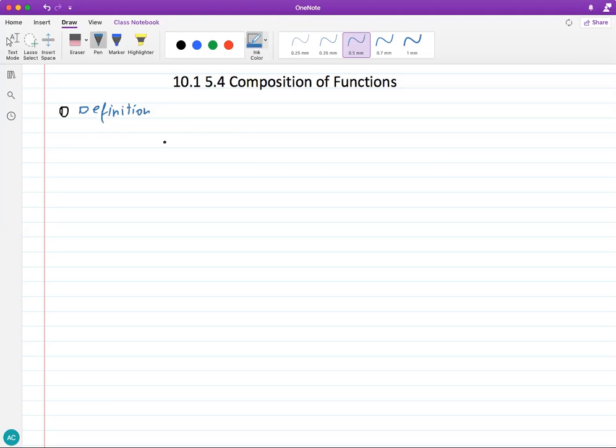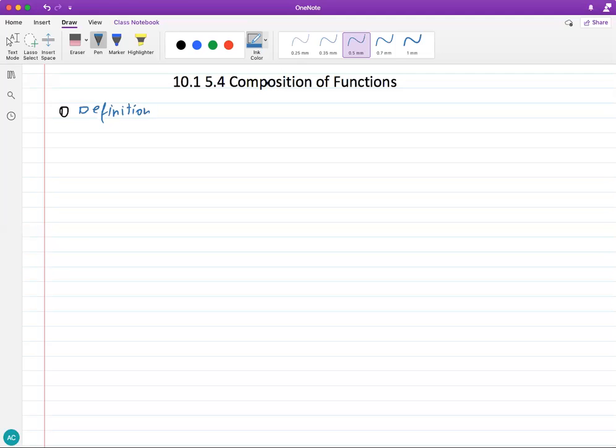All right, so we're going to talk about something called composition of functions today. And later, we'll see how to evaluate this type of composition of functions.